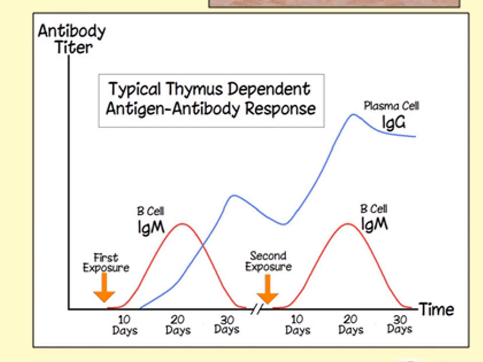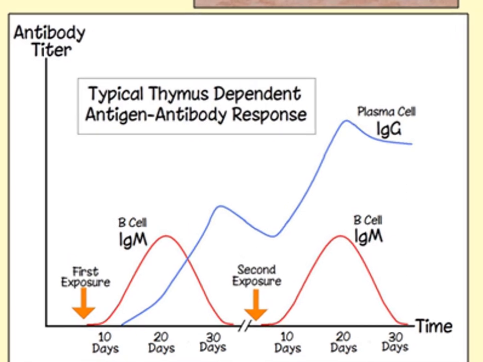It starts a little later than IgM, maybe on day 15 or 16, and then gradually rises and maybe peaks at about 30 days and stays at the plateau level, maybe may drop a little, but it stays high at about maybe 40 days after the first exposure.